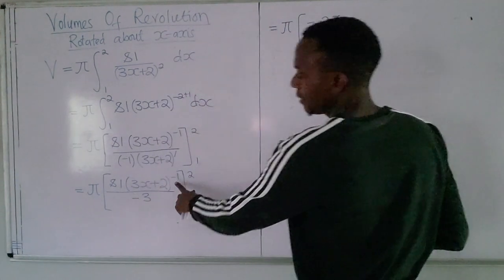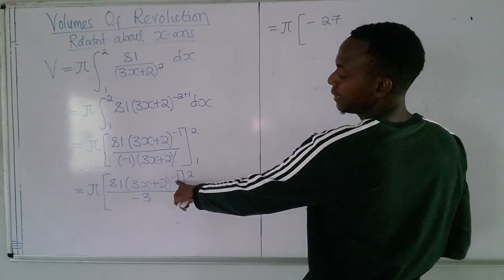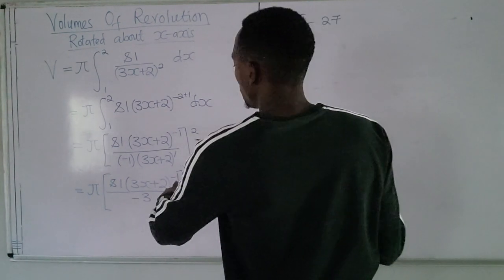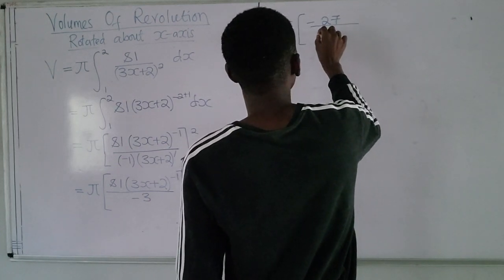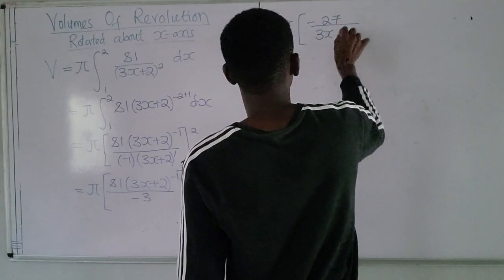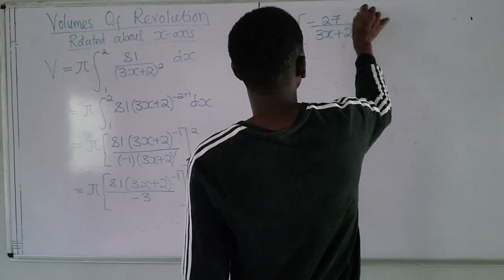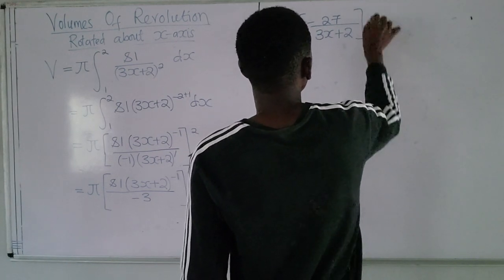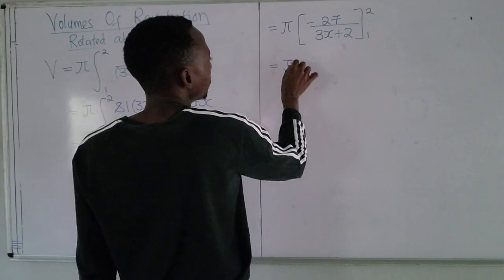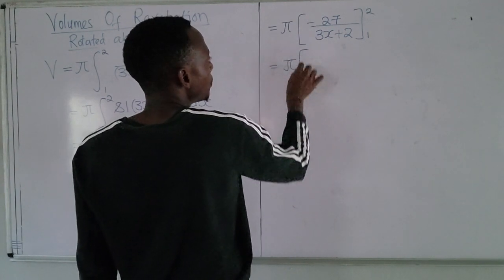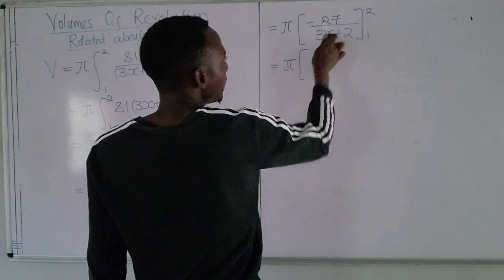Now, dropping this again using the index rule, we are going to have 3x plus 2. We have not yet used the limits. From here, we maintain the pi. Then we use the limits. Where there is x, we substitute.